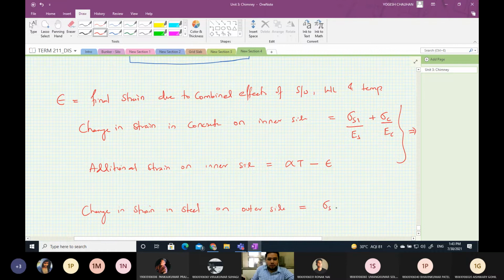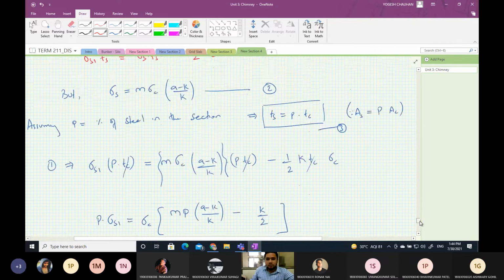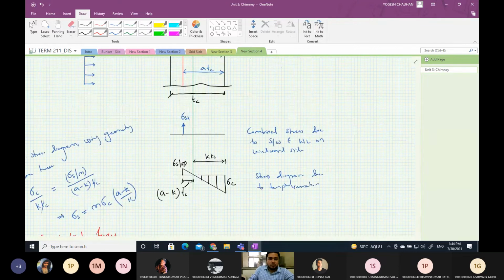That will be equal to sigma s minus sigma s1 by Es. Okay. From the stress diagram, this is sigma s minus sigma s1. See, this will be in the downward direction.